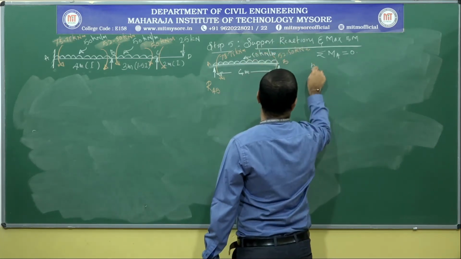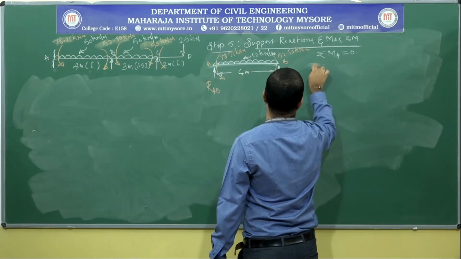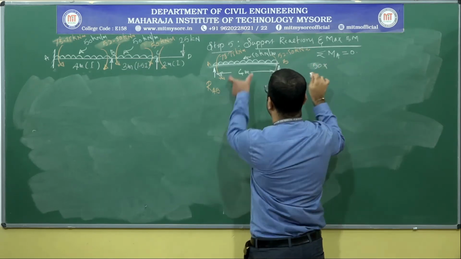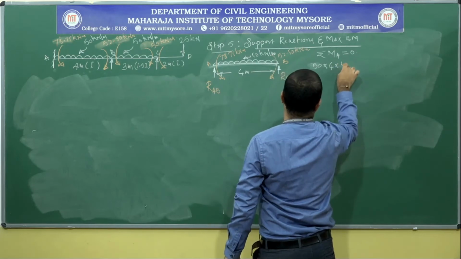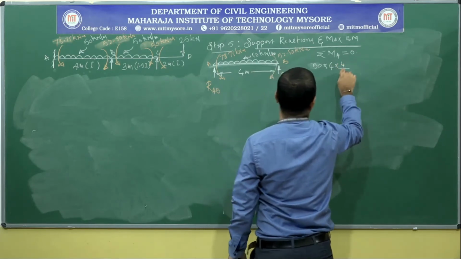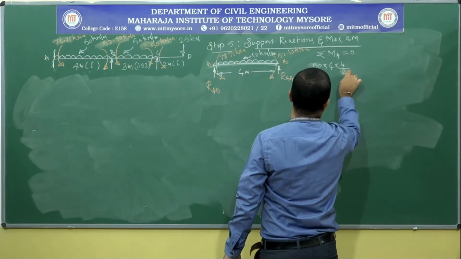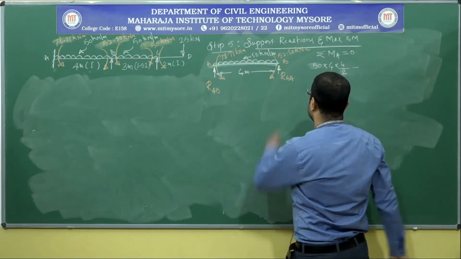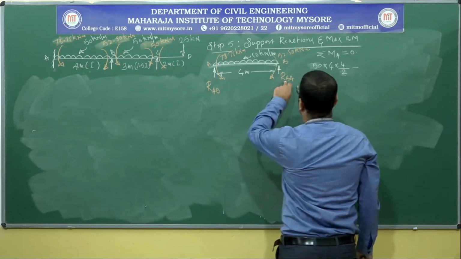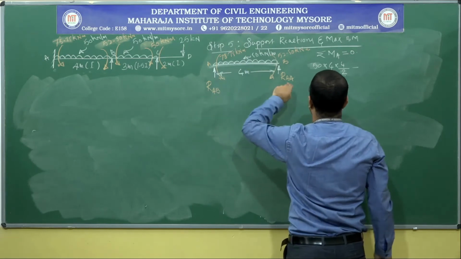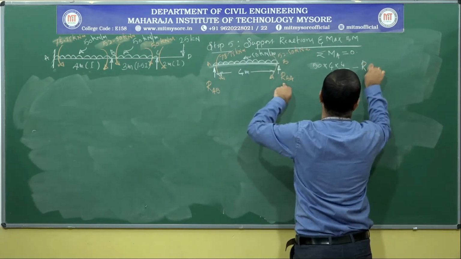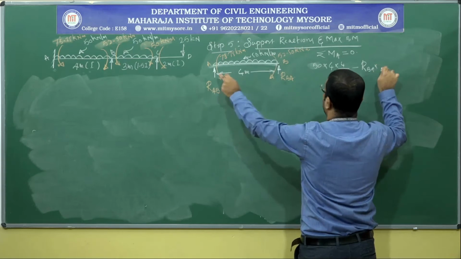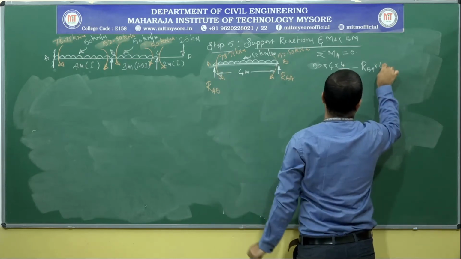Let us consider all these one by one. First, this 50 kilonewton per meter UDL creates a clockwise moment. So 50 into its span, 4 meter, and the concentration of this UDL acts at the center, that is 4 by 2. Minus, this reaction creates an anticlockwise moment, so it is minus RBA into its perpendicular distance with respect to A, which is 4 meter.